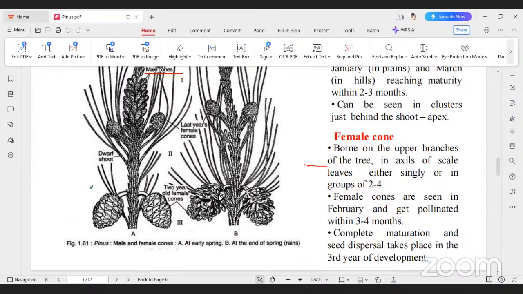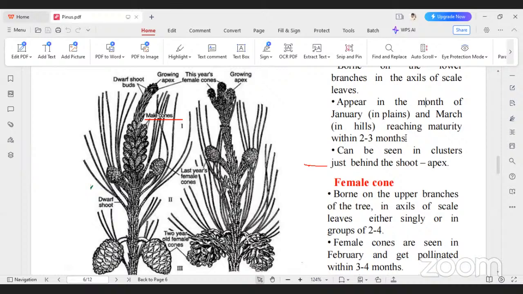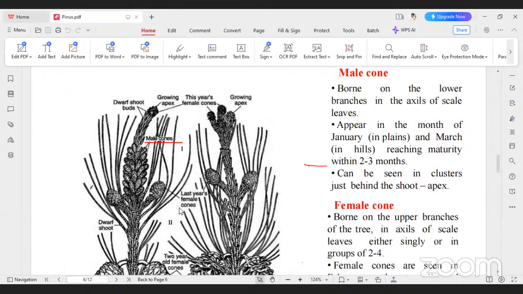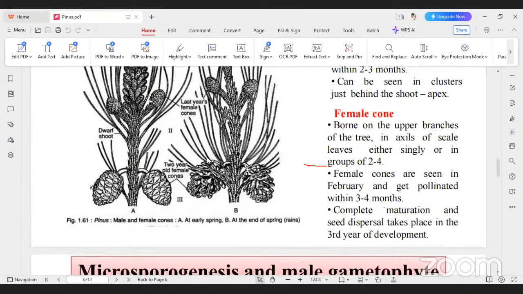Origin is also different: the female cone develops on the long shoot, the male cone on the dwarf shoot. Female long, male dwarf. The female has only two to four as a pair, but the male is not a pair, it is an aggregated group. Compared in size, the male cone is small and the female cone is large. So that is the difference between male and female cones.